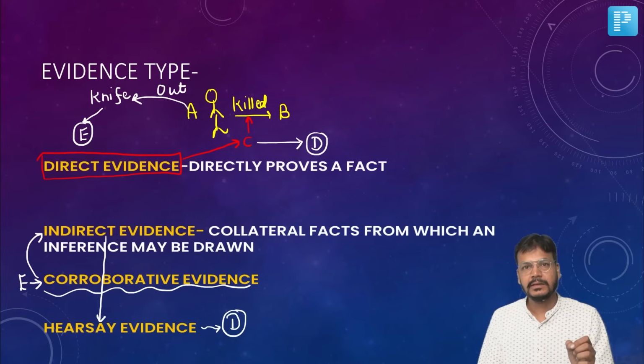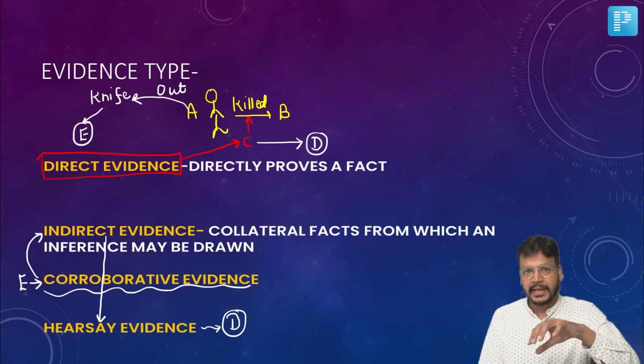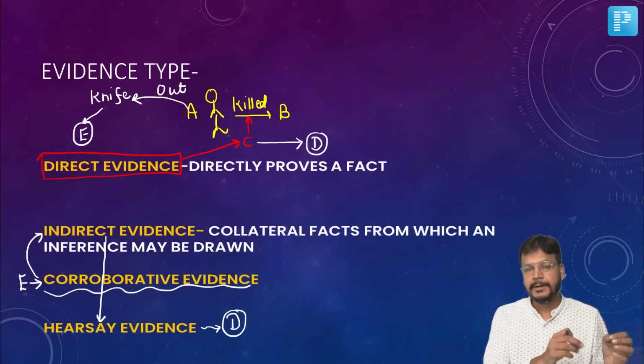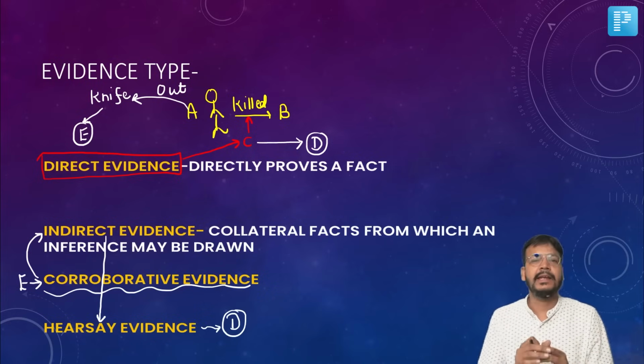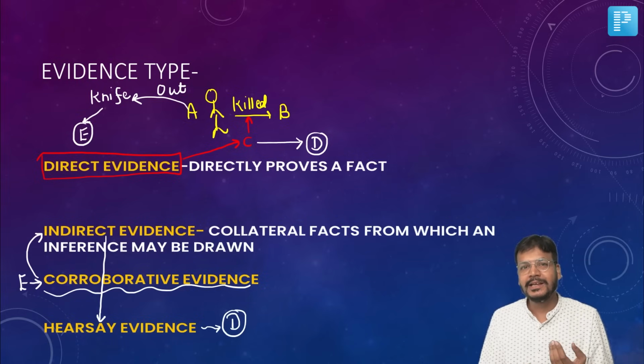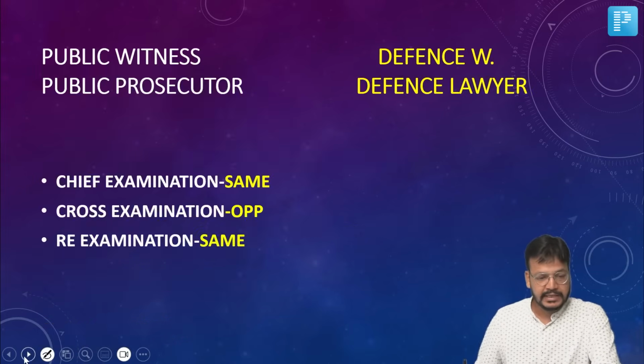Direct evidence, eyewitness. Indirect evidence, hearsay evidence. Corroborative evidence is another indirect evidence. And you must be thinking, sir, what is a circumstantial evidence? What circumstances tell you, that is circumstantial evidence. Very important. So these are the evidences.